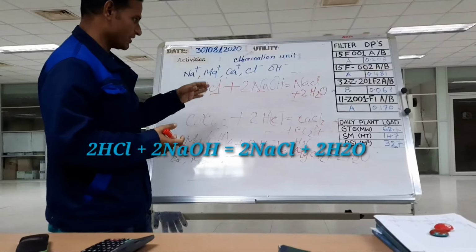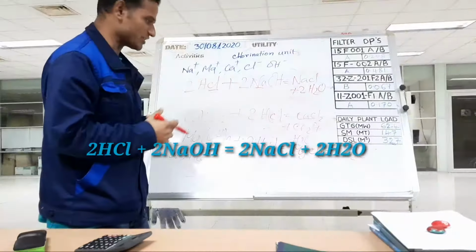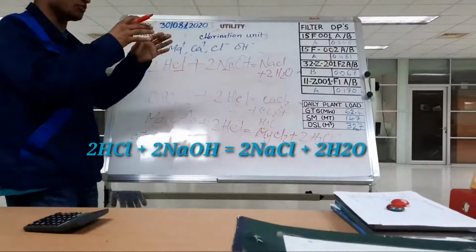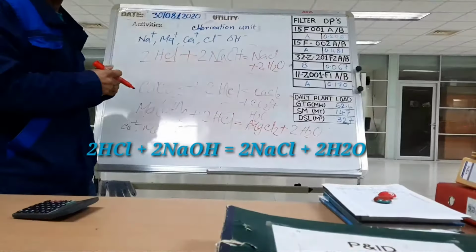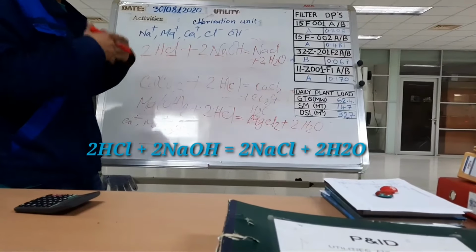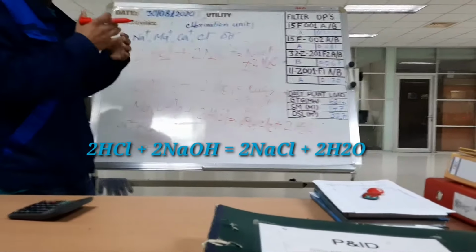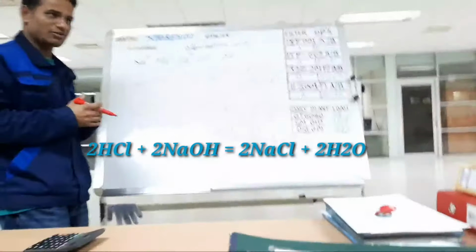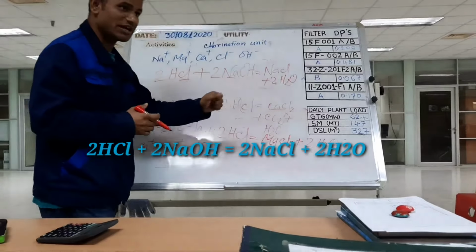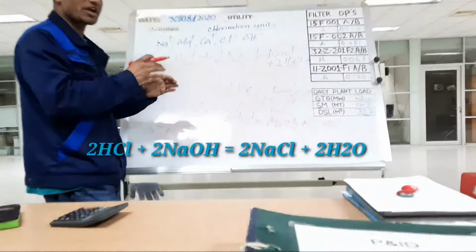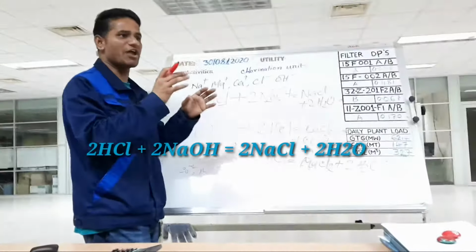Normally if the chlorination unit runs a long time, calcium carbonate and magnesium hydroxide can deposit, so acid cleaning is required. We do acid cleaning with hydrochloric acid and get calcium chloride and magnesium chloride, both ionic.